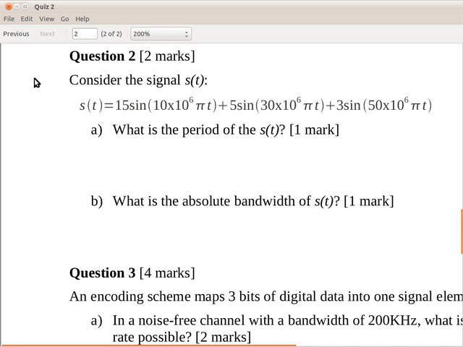This is 1 times 5. This is 3 times 5. This is 5 times 5 megahertz. Which means 5 megahertz is the fundamental frequency. And it's the resulting frequency of our signal S of t. That is, the signal when we add the 3 together has the frequency of 5 megahertz, the fundamental frequency.